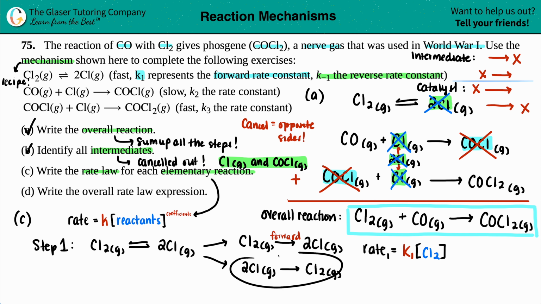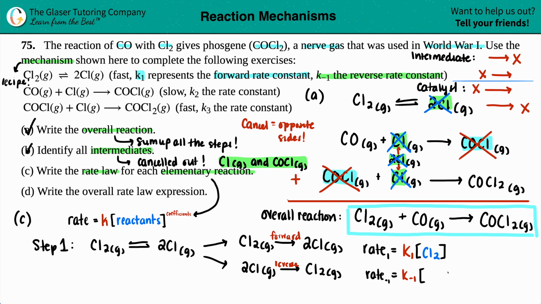But now we just got to do the other one, right? So here we go. Rate equals, this one is the reverse. So they did say that for the reverse reaction, we have to use K to the -1. And maybe I'll put rate to the -1 here.